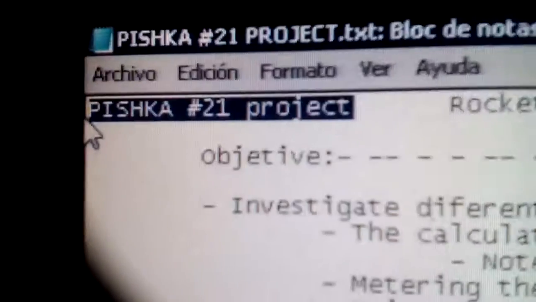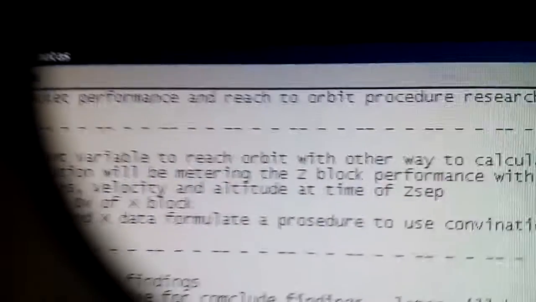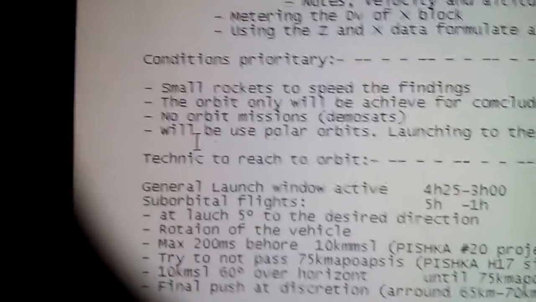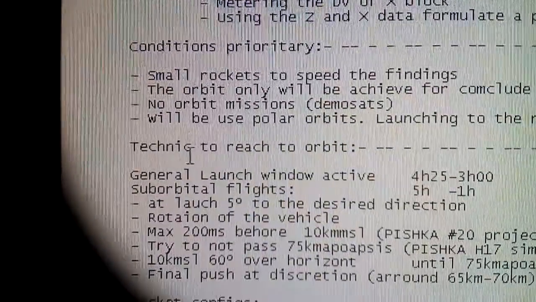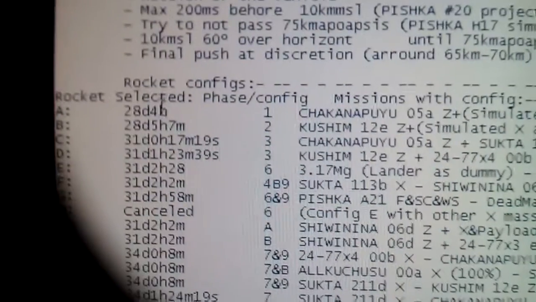Thus, this is the project paper, starting with the project named Pisca 21 project. The objective is rocket performance and orbit-reaching procedure research. The general objectives, the priority conditions to formulate missions, the technique to reach the orbit, what technique we will use to reach the orbit, and the rocket configurations for the missions.